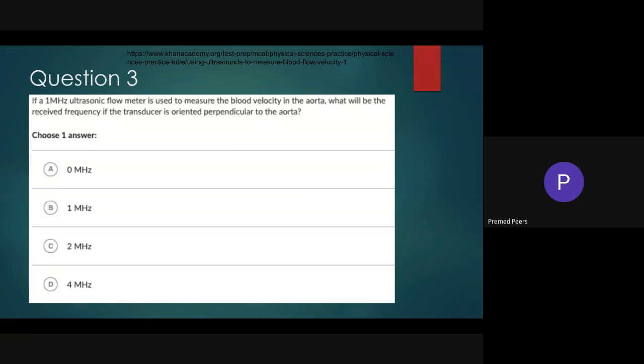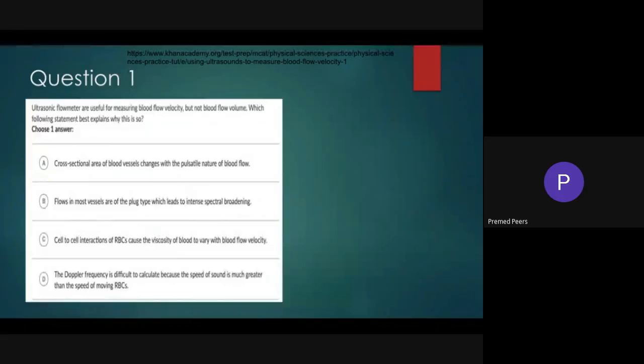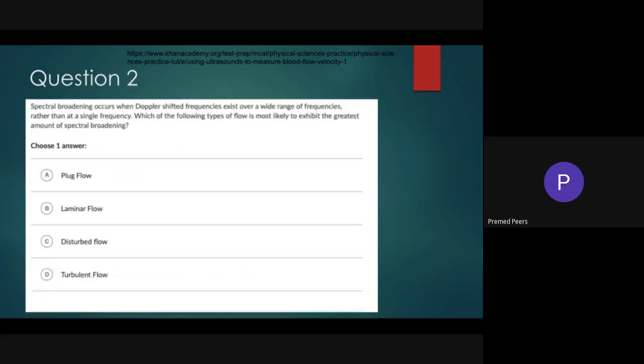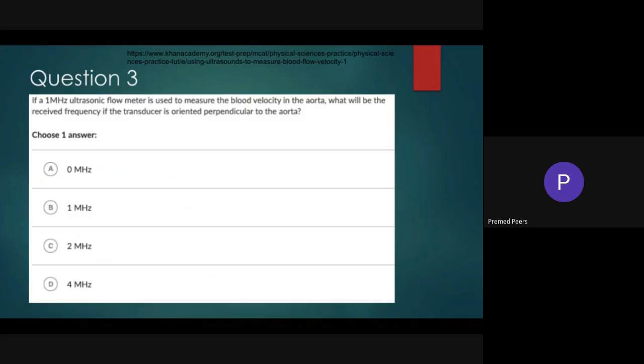Yes. All right. So ultrasonic flow meter, receiver, transducer, and aorta. Okay. So here is the blood vessel. So this can be your aorta.